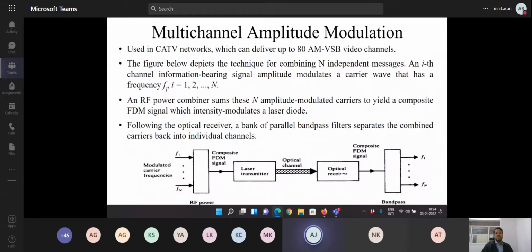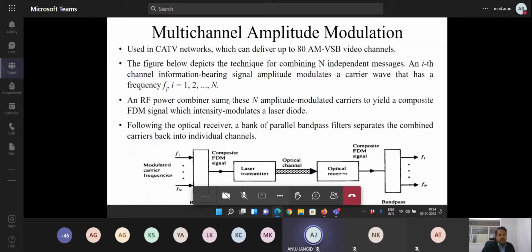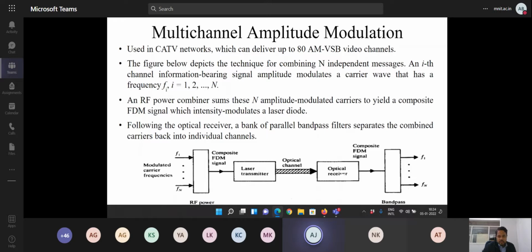After this, there is multi-channel amplitude modulation, and this is used in cable television networks. Cable television networks do use optical fibers, though it's not necessary that they must use fiber networks.